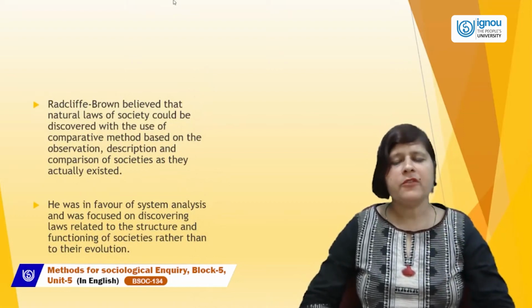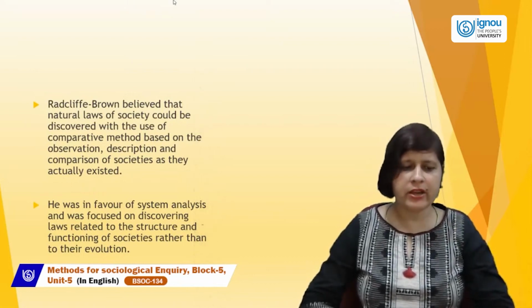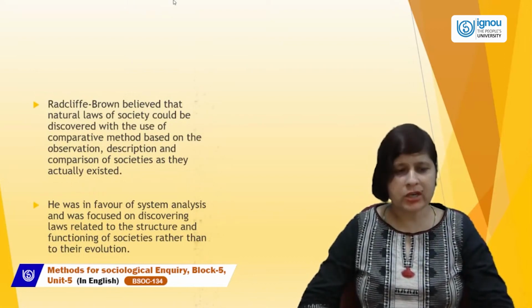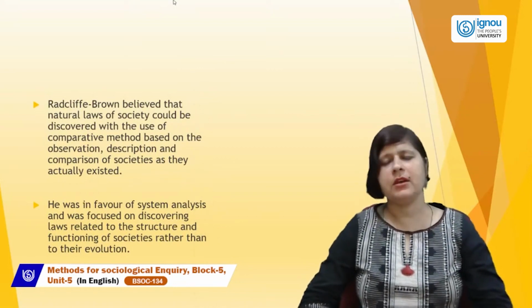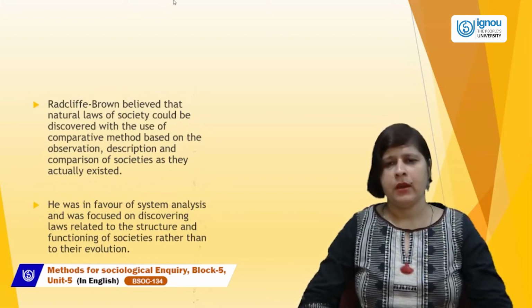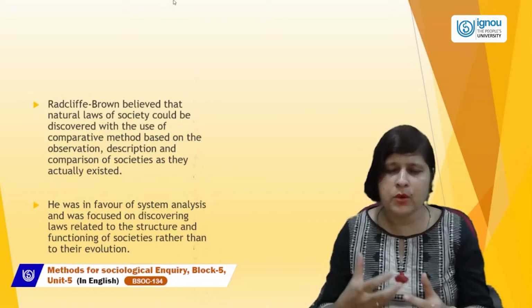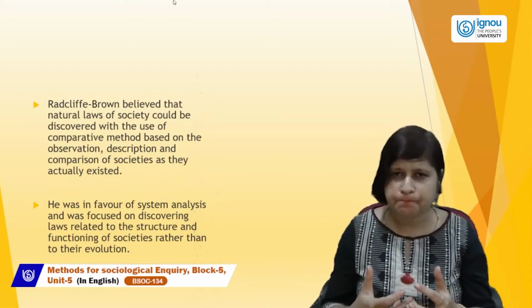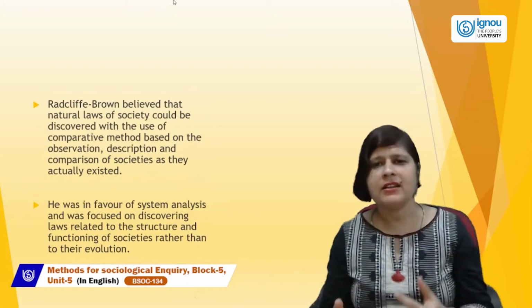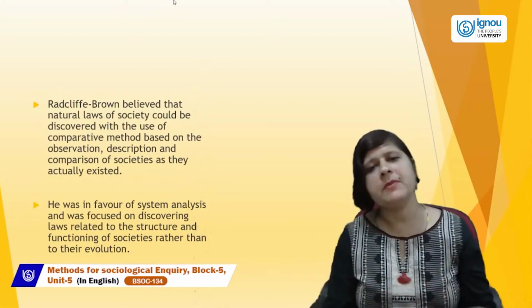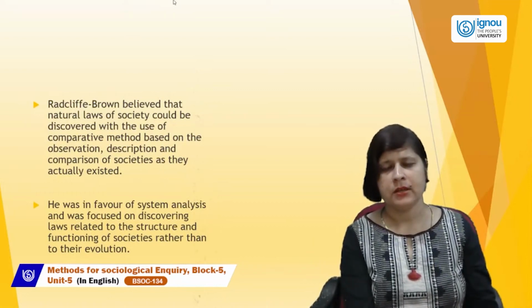He was in favor of systems analysis and was focused on discovering laws related to the structure and functioning of societies rather than to their evolution. He wanted to compare the structure and functioning of societies rather than comparing societies on the basis of their evolution, right?